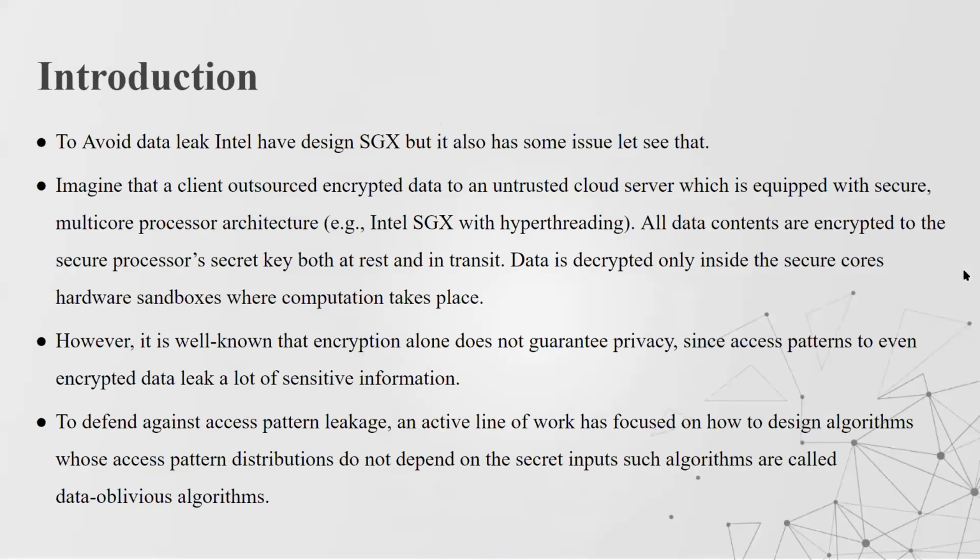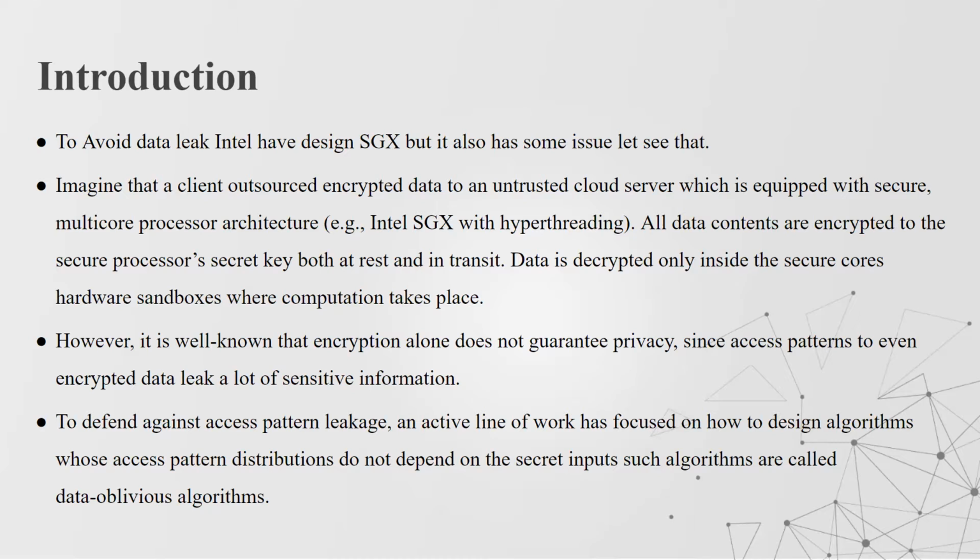Now let's see the introduction. That is, what is a data-oblivious algorithm? As we have seen in the previous slide, to avoid data leaks, Intel designed SGX, but it also has some issues. Let's see with an example. Imagine there is a client who outsources encrypted data to an untrusted cloud server, which is equipped with a secure multi-core processor architecture, that is Intel SGX with hyperthreading, and all the data contents are encrypted using the secure processor's secret key, both at rest and in transit.